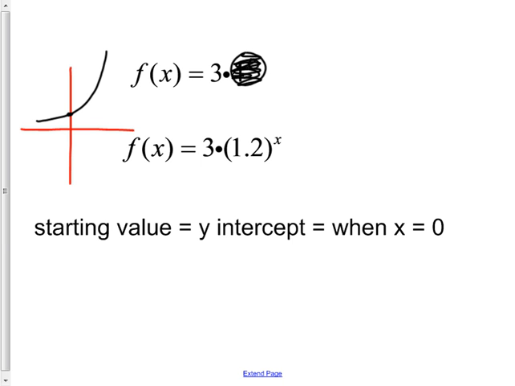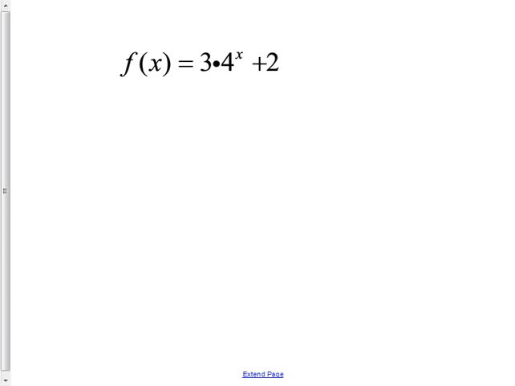That'll tell you the starting value. So if you're not smart enough to figure it out by the fact it's the number in the front, you can say the y-intercept is where x is 0, put in a 0 here, and then figure out what the starting value is when that turns into a 1. All right, it's just another way to think of the starting value.